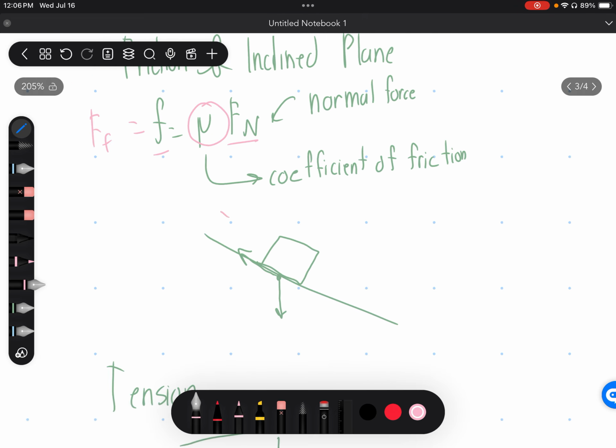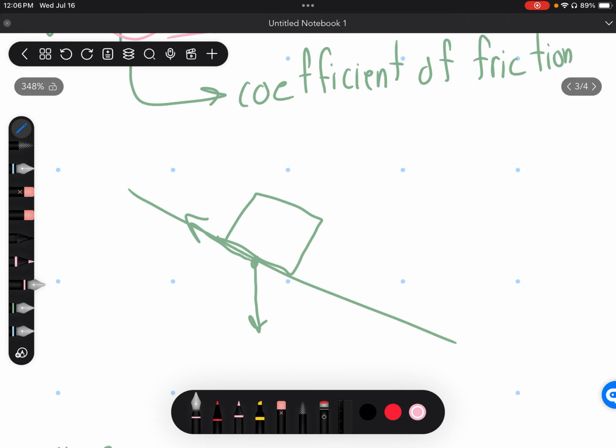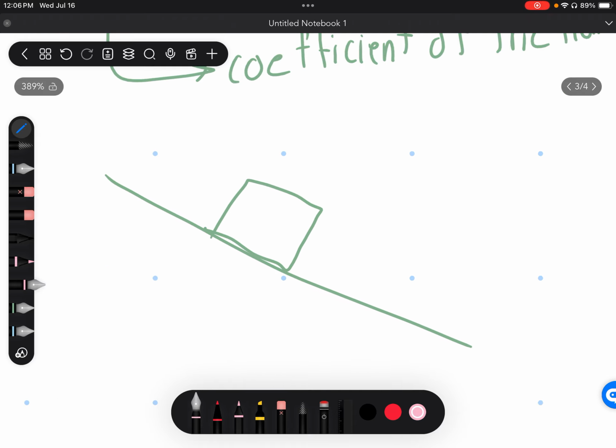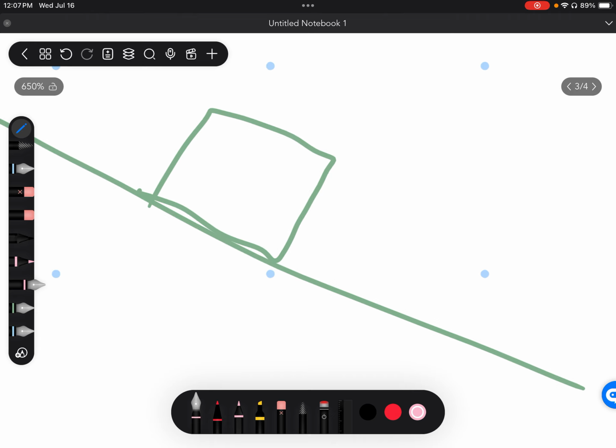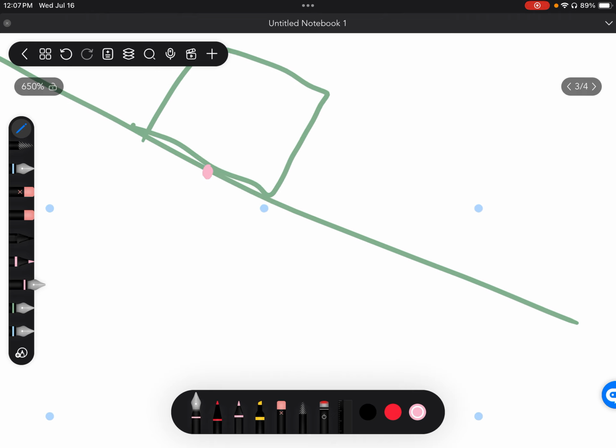For example, if we look down here in this system, the biggest thing that we see is that first we don't really know what's going on. Right now, we just know that we have an inclined plane. So what I like to do is think about what forces we have. The first thing we know is that we have gravity. And remember that gravity always gets pulled down. So it gets pulled down sideways like this, but that makes it a little confusing. A really good way to do this is to notice how it's a little slanted.